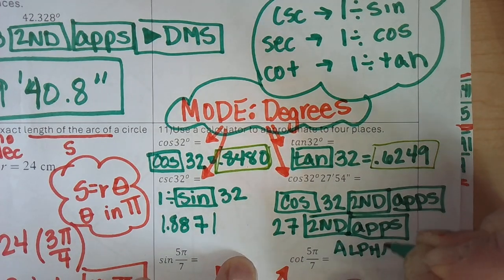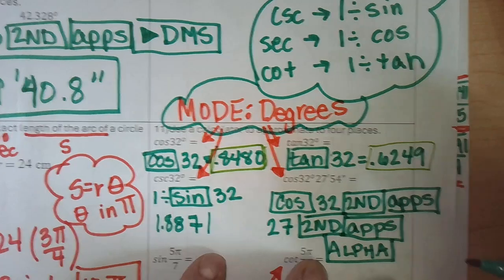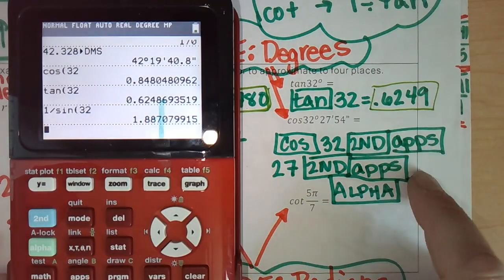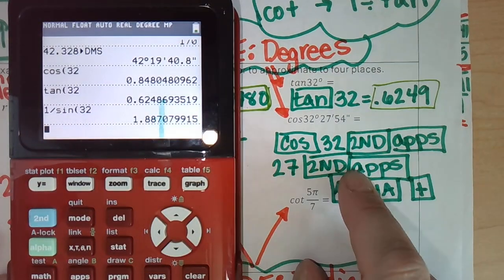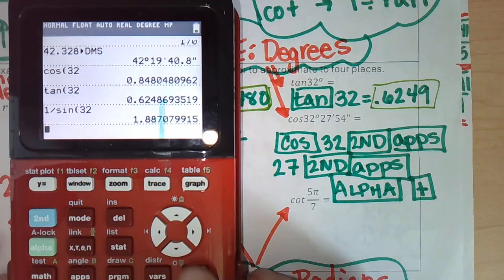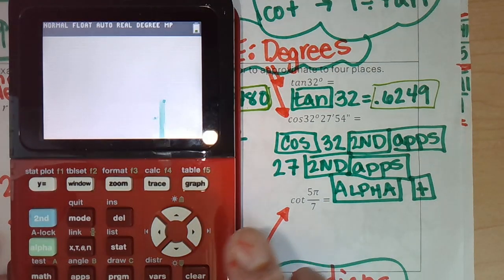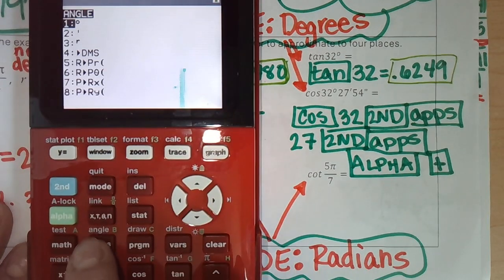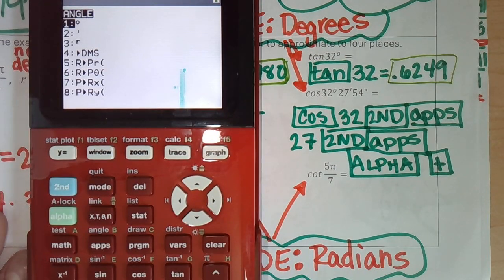I wrote it down correctly today, Jonas, or this time, alpha plus, to get the double tick. So you might want to write those steps down on your cheat sheet.